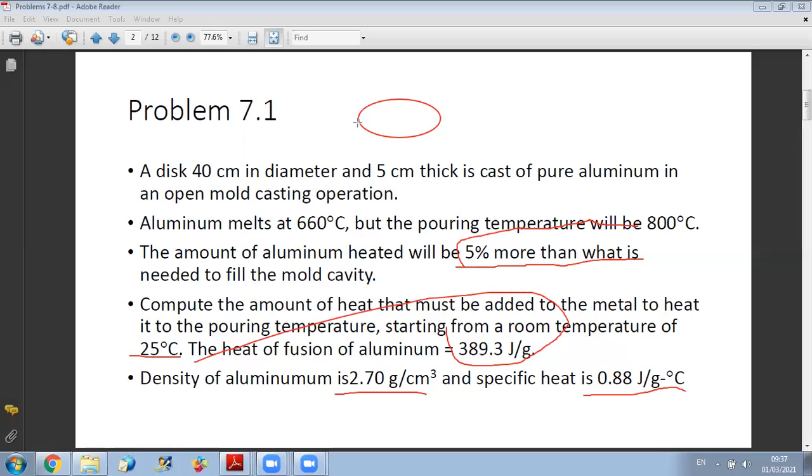So our purpose is to come up with a certain disk of 40 centimeter in diameter, and the thickness is provided. So this is the final product that we want to form. We have its dimensions. The final dimensions desired are 40 centimeter diameter. So here we have D equals 40 and a thickness of 5 centimeters.